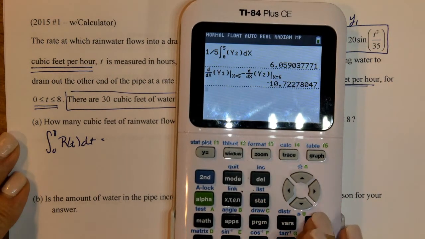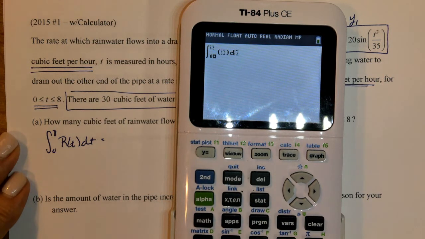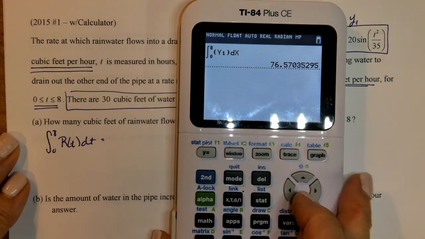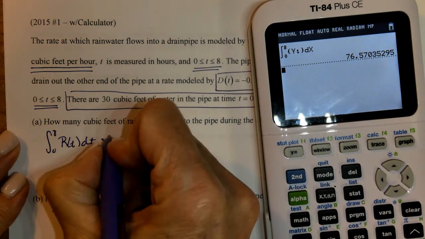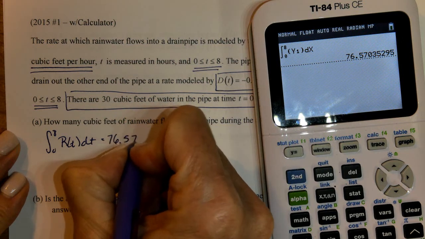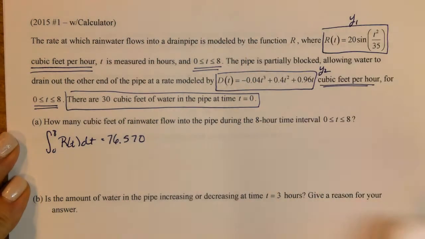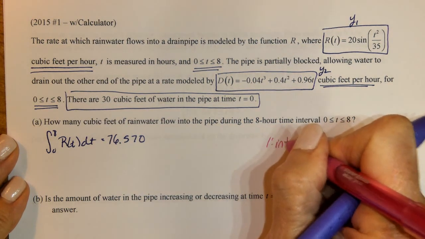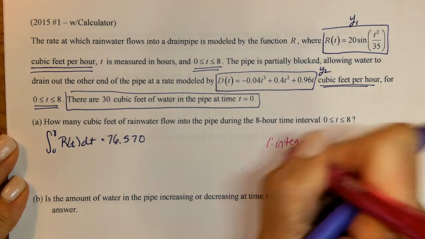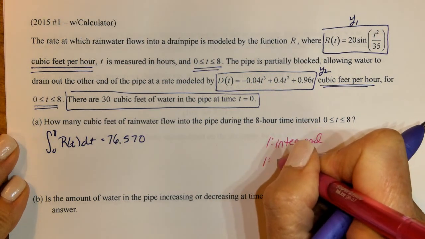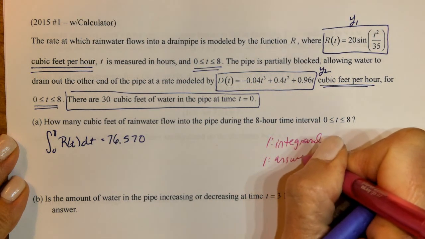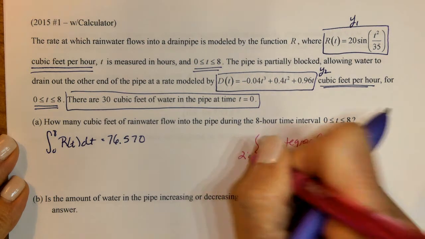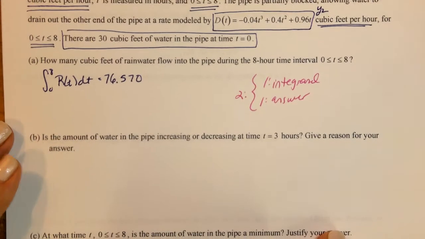So math 9, 0 to 8, Y1, 76.570. And let's see, that was worth 2 points. 1 point for the integrand, 1 point for the answer. Pretty typical. 2 easy points.